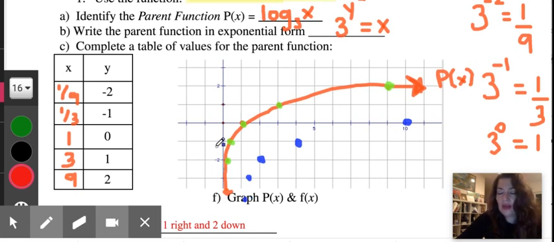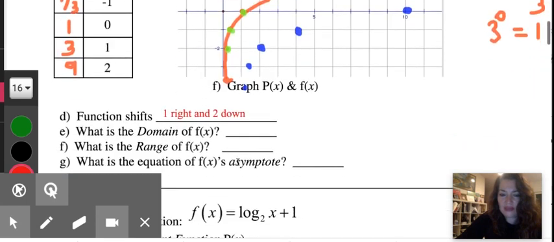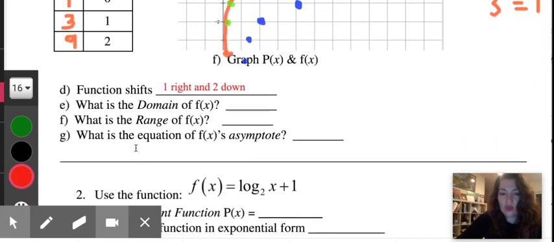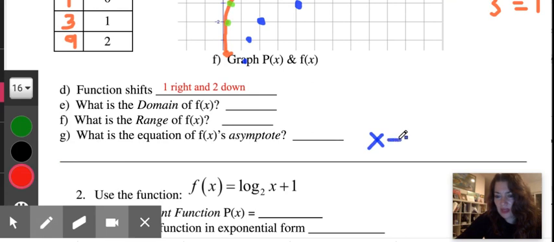All right, now another important thing that we need to look at is a vertical asymptote. So what is the equation of the function's asymptote? Well, that is always going to be when we have x minus h is equal to 0. Our vertical asymptote is always going to be the line at x equals h.